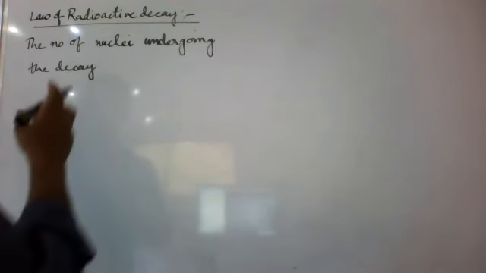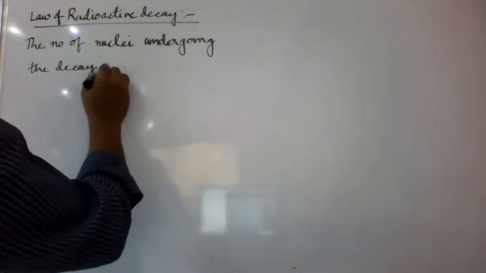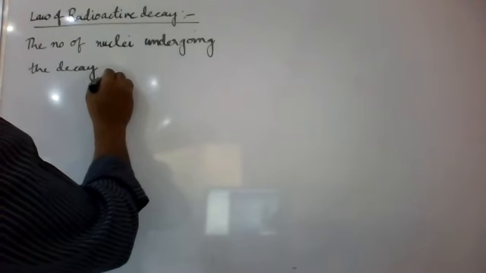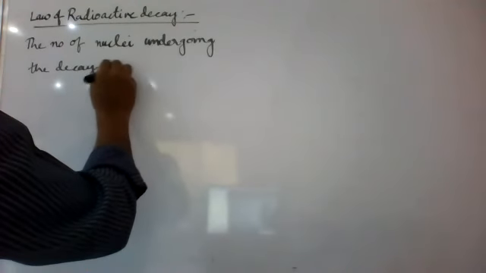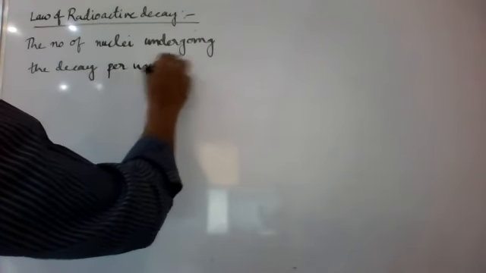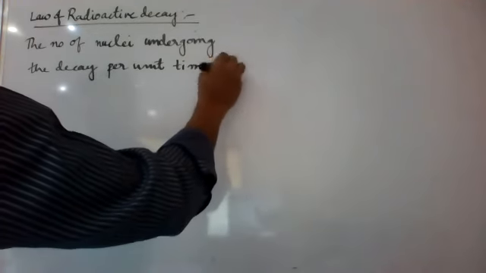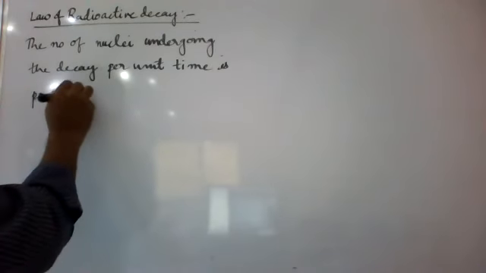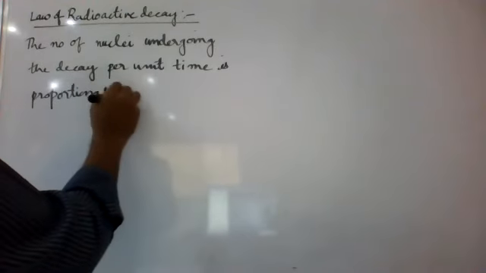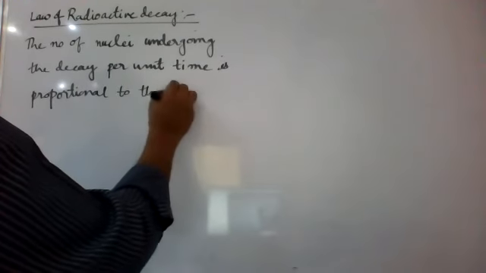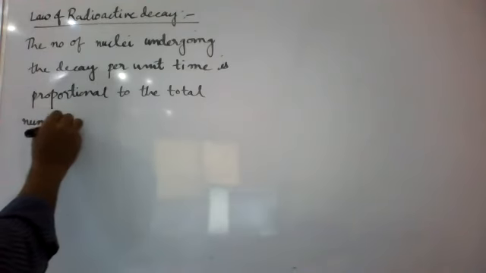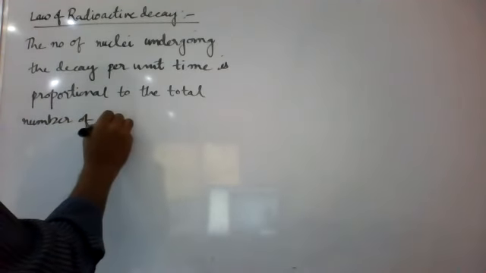So the number of nuclei undergoing the decay per unit time is proportional to the total number of nuclei in the sample.